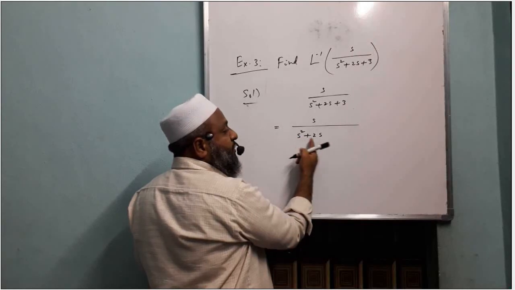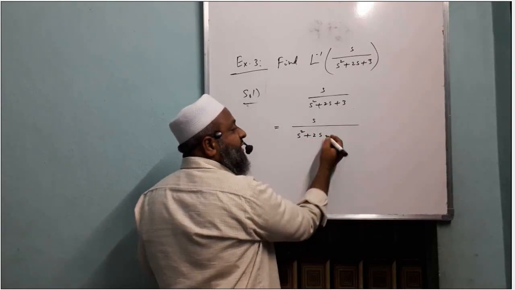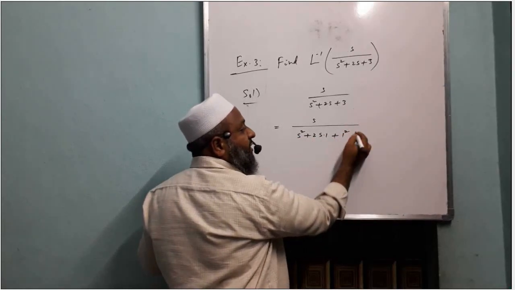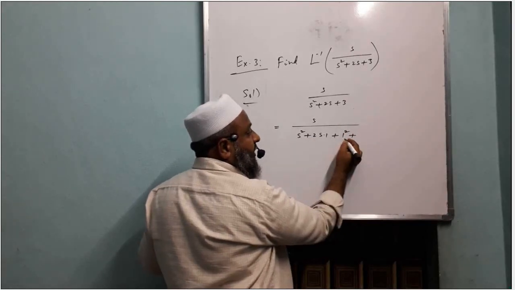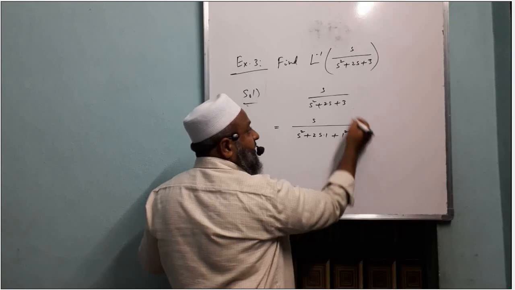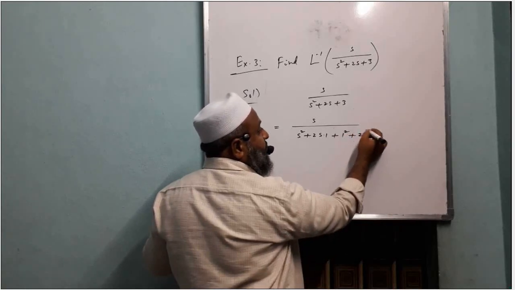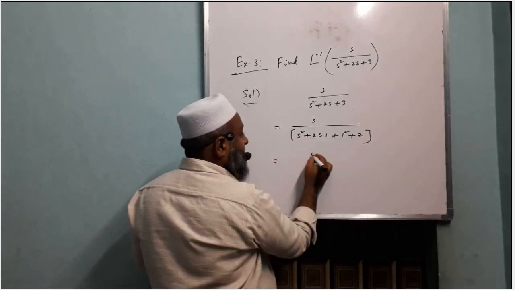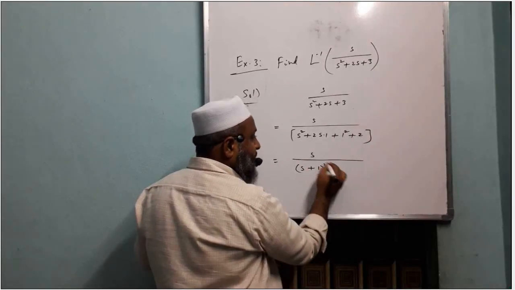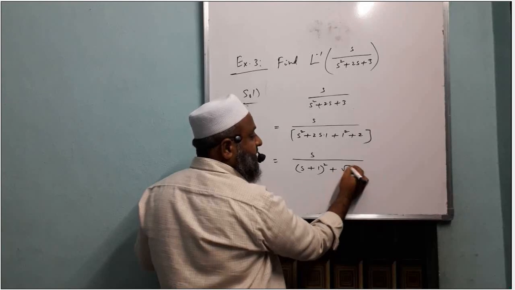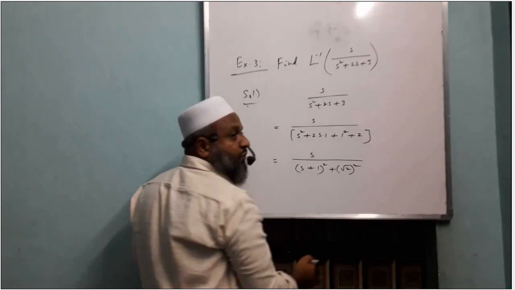It is a square, so 2a, b value is 1, so we need 1 square. Now, so that it becomes s plus 1 whole square, the leftover part to be written here, it is 1 square, so 1, so it is 2 now. Now I'll write it as s by s plus 1 whole square for this part, and plus this I'll write as root 2 square.